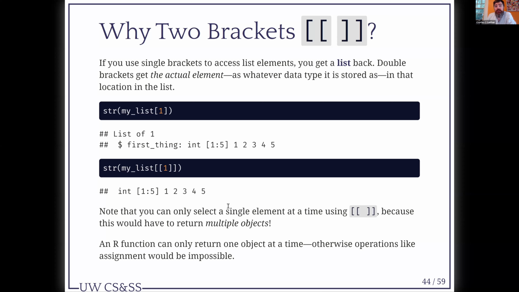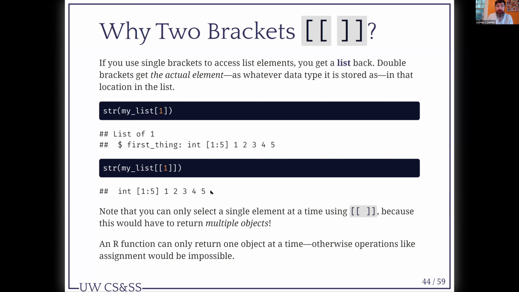The single brackets extracts what is called a sublist of that element or whatever other elements we grab. The thing is here is that the way R works is that any function call in R can only produce a single object no matter what it is. It is not possible for R to return multiple objects with the same function call. If you ask for sub-elements of a list, 2 of them at the same time, because they would each be vectors or something like that, you'd be asking to return multiple objects at the same time.